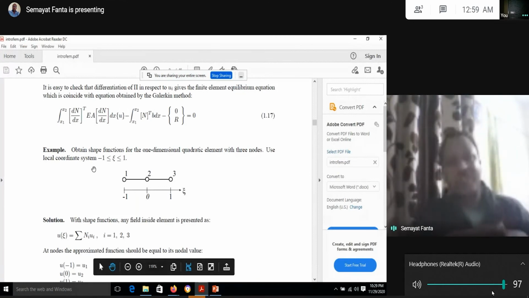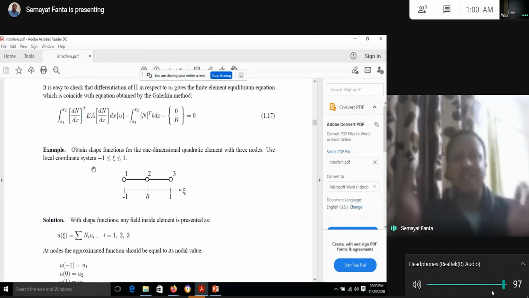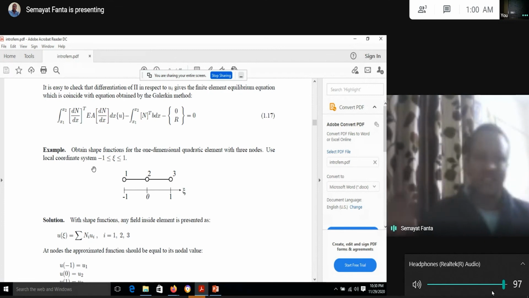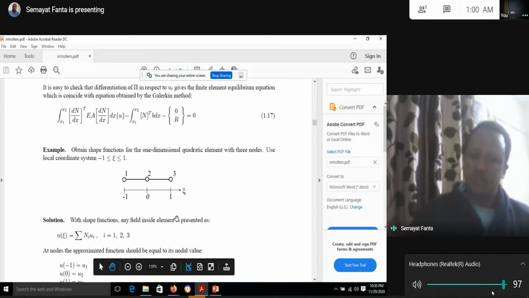The local coordinate system is the best way of calculating a finite element solution. It gives the interval of -1 to 1. The zeta for a one-dimensional element is in the interval of -1 to 1. So it is a very simple and best way of describing finite element calculation.